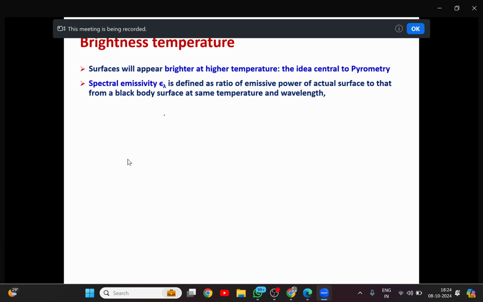And how much less it is compared to the black body depends on the wavelength at which we are measuring the emissive power. Unless we are measuring at all wavelengths, you can talk only about one wavelength or a range of wavelengths, and the temperature.